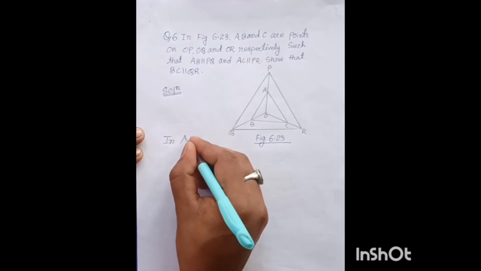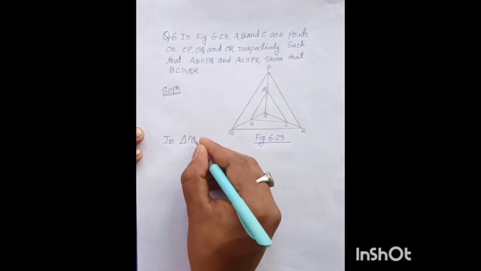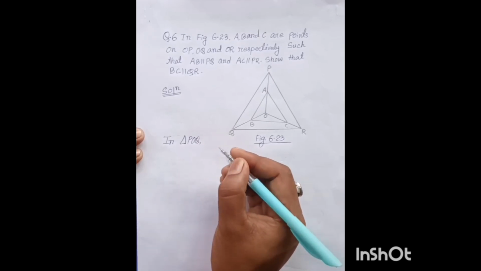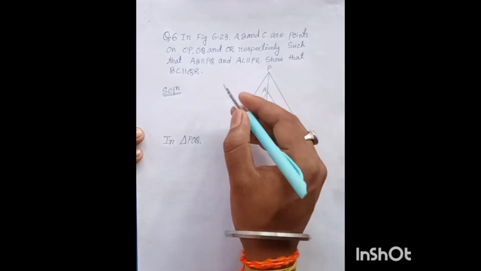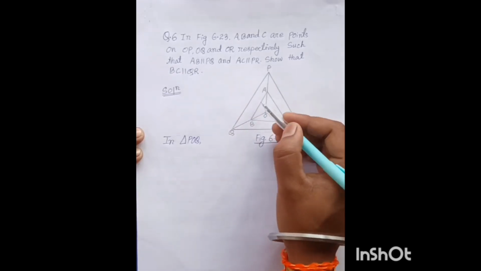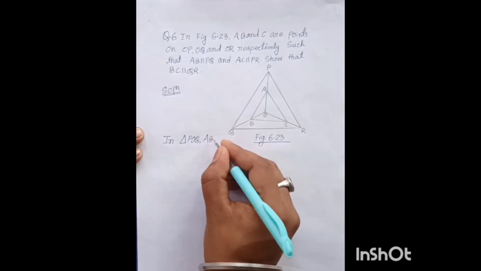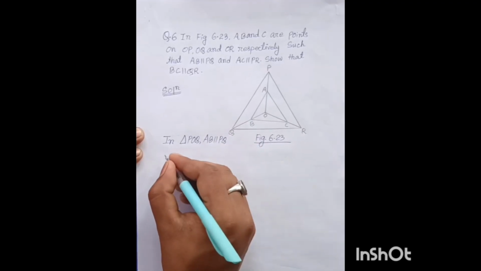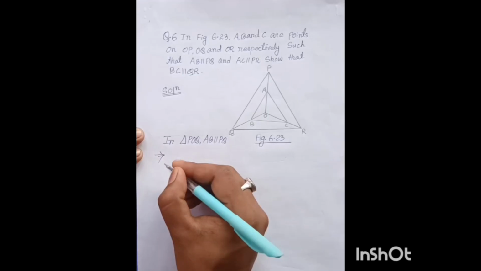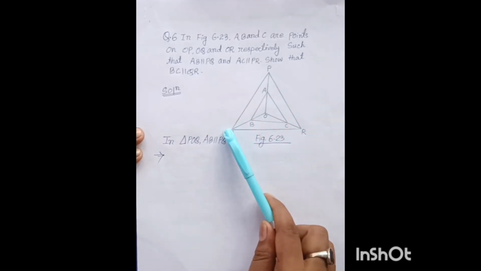In triangle POQ, it is already given in the question that AB is parallel to PQ. If AB is parallel to PQ, then I can apply Thales theorem.